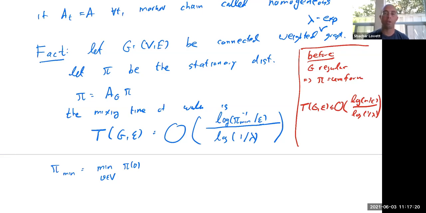So this is just going to be a fact that will be used for us. So this is what I want to tell you about Markov chains before I go back to sampling and Langevin dynamics. Any questions so far?